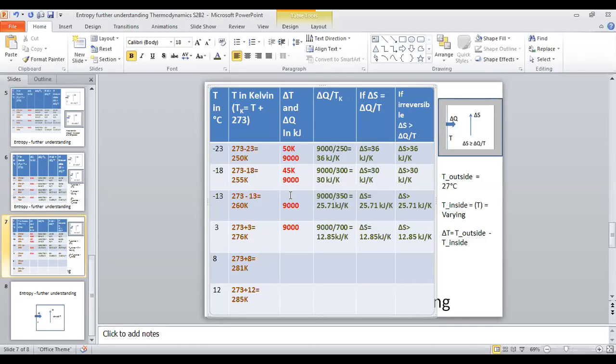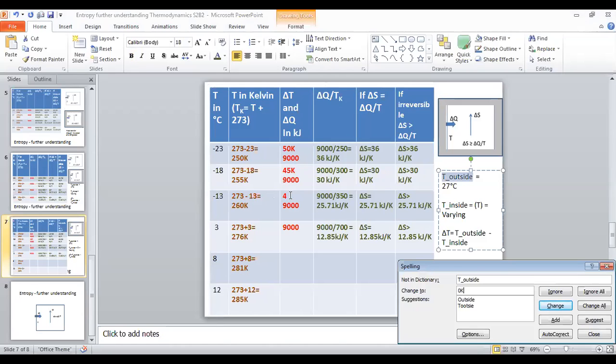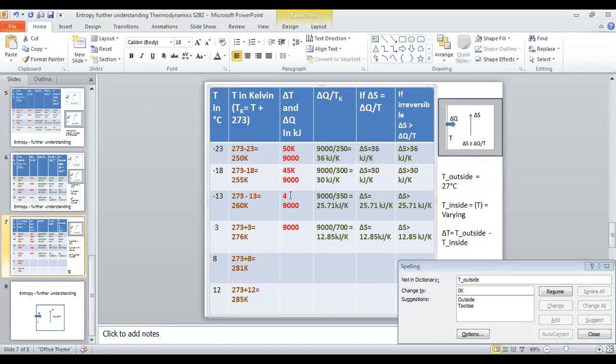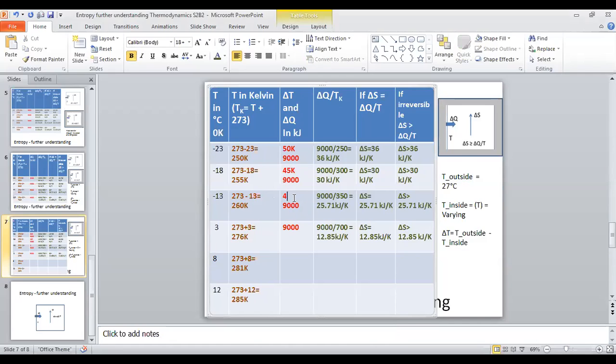27 minus minus 13, 40 K. 27 minus 3 is 24 Kelvin.